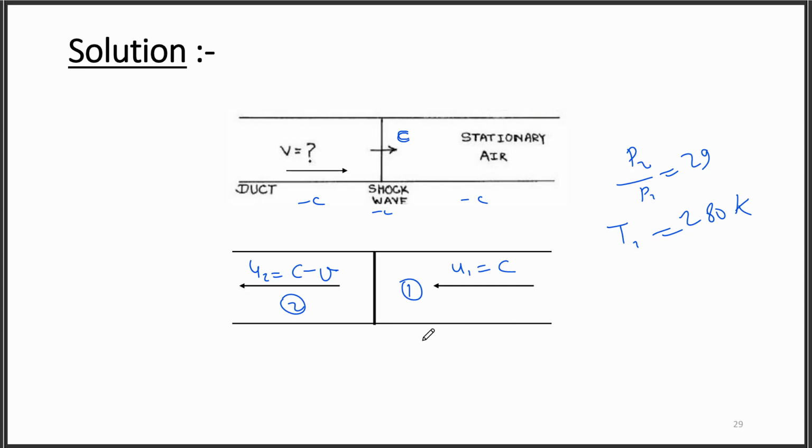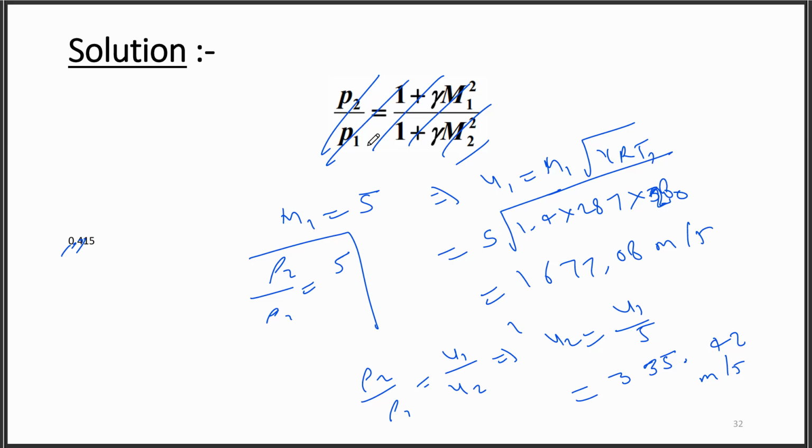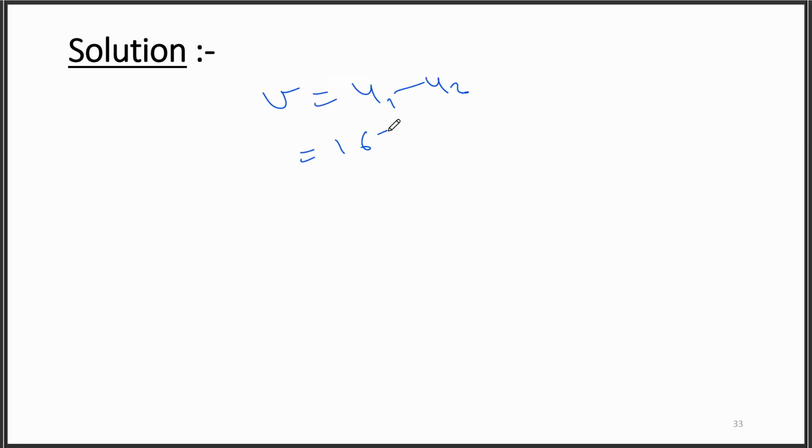Now if you see the figure here, c equal to U1, so U2 equal to U1 minus V, so V equal to U1 minus U2. U1 is 1677.08, U2 is 335.42.